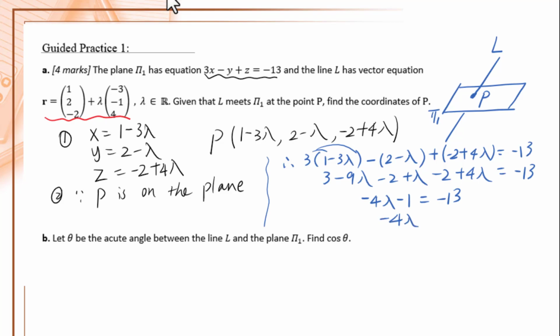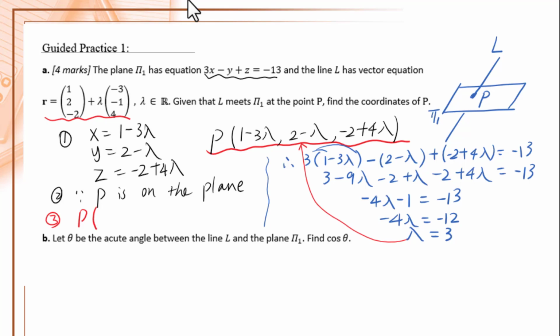Negative 4 lambda equals negative 12. Lambda equals 3. Then we plug back into the coordinates of P: 1 minus 3 times 3 is negative 8, 2 minus 3 is negative 1, negative 2 plus 4 times 3 is 10.